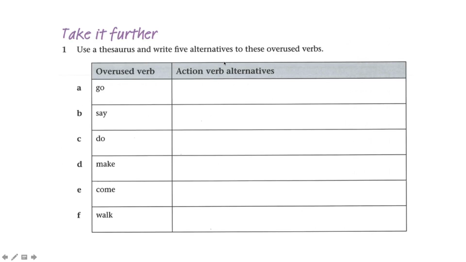So you try and use alternatives. So if we look at go, for example, there's lots of alternatives. You could use run, dawdle, rush, slouch. You could write a list of 20 words if you wanted to, but maybe choose the 5 best ones that you can come up with. Use the thesaurus to help you. You should be able to look them up online pretty quickly.